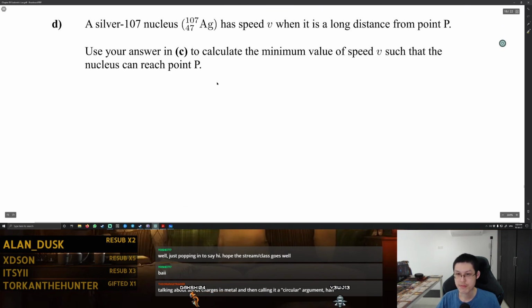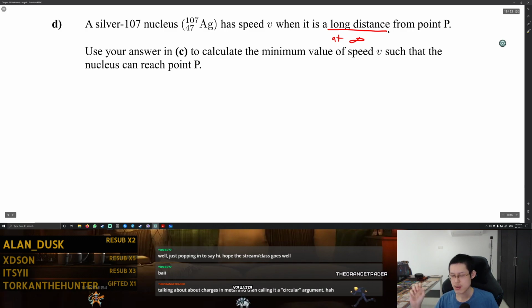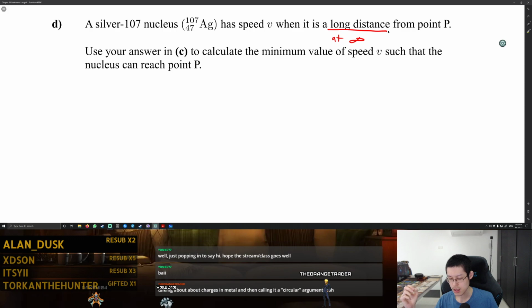So, when it says a long distance from P, that means it is at infinity. It is super far away. So what is the minimum speed the nucleus must have in order for it to go from infinity to P? So that is essentially what they're asking you.